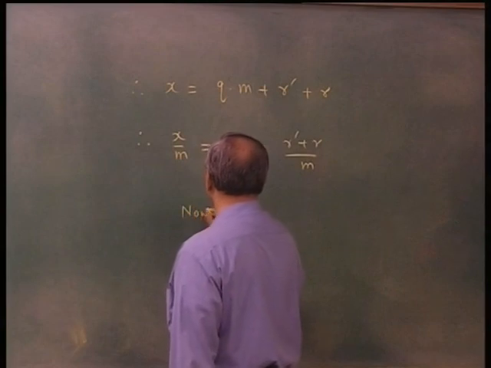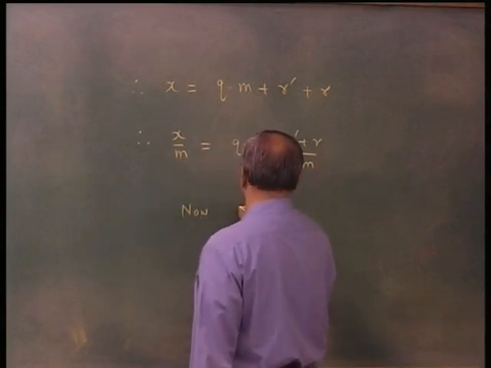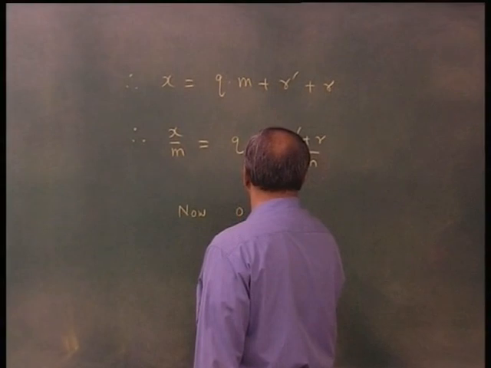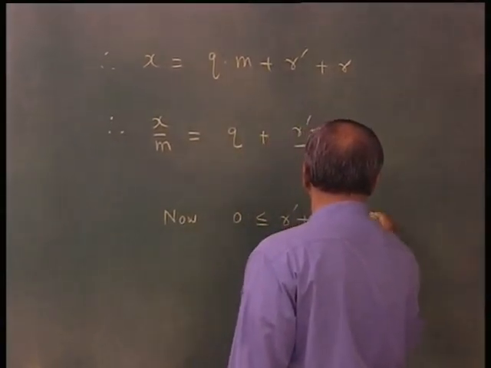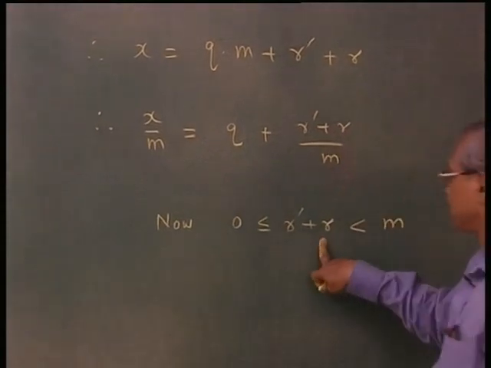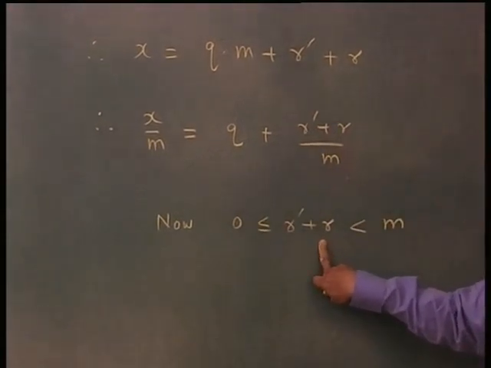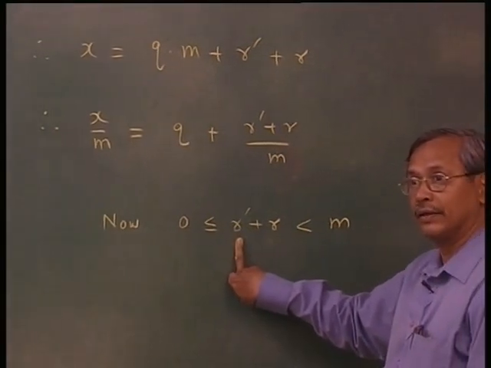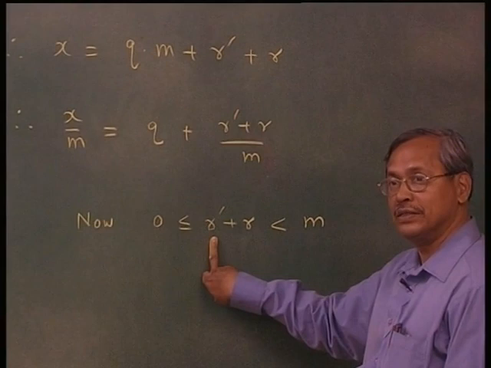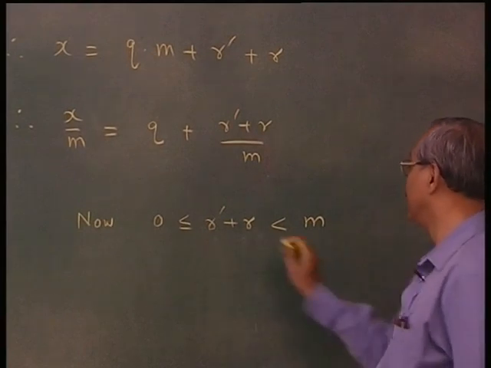Now, 0 less than or equal to r dash plus r, and it is strictly less than m. Because r dash is less than or equal to m minus 1. It is an integer. Integer smaller than m means it is less than or equal to m minus 1.